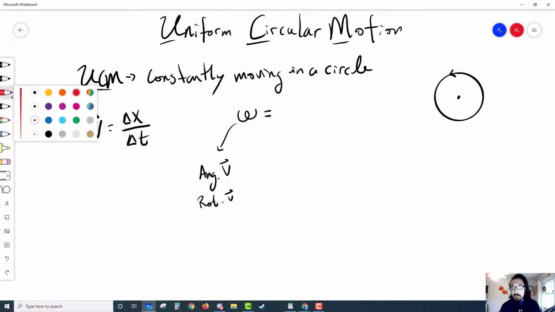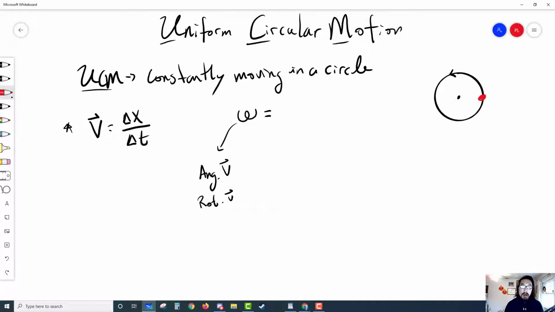Let's say we have an object out here, spinning around in this circular path. Instead of looking at the path that it takes, which would be delta x, we look at the change in angle. If we start here, we'll call this position 1, and this position 2.